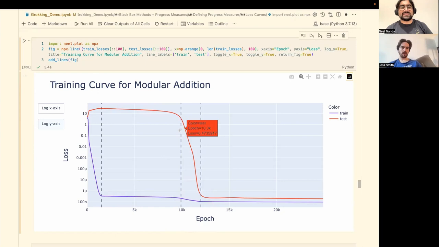And now the generalizing circuit is strong enough that it starts to really matter for the test data, and test loss crashes. Then things basically plateau when the model's in a new equilibrium. The model clearly hasn't fully cleaned up the memorizing circuit, because train loss is still better than test loss, but it's now pretty close.